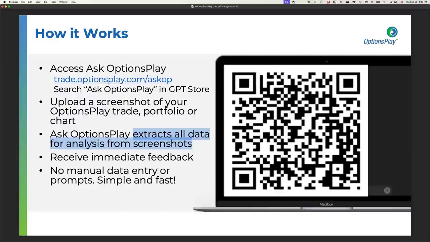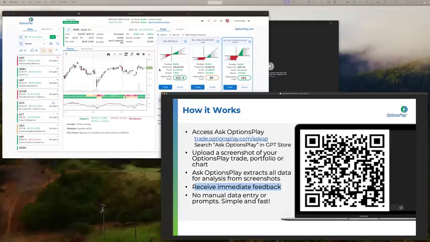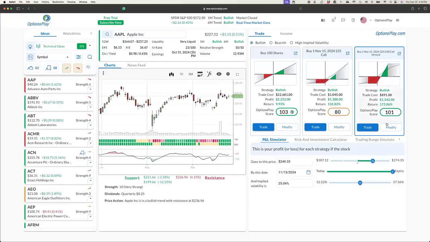That's all you need, just a screenshot. It'll extract all the trading information, the technical analysis, and the portfolio data from that screenshot, and it'll give you immediate feedback on those things. No manual data entry, no prompts that you have to build, just simple and fast responses to everything that you are looking for. Okay, so I think the best thing to do is just show you how this works.